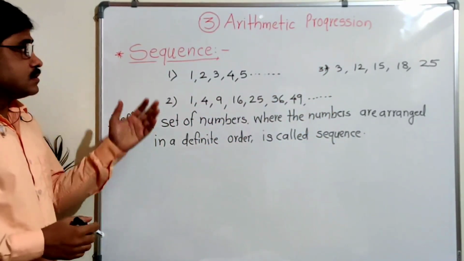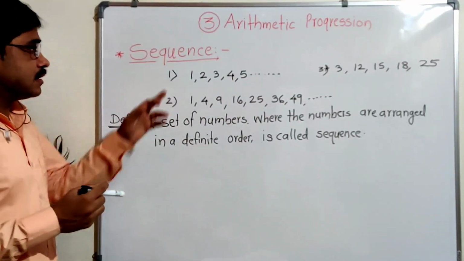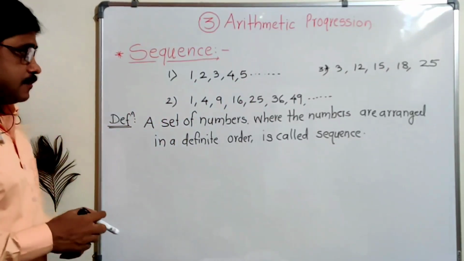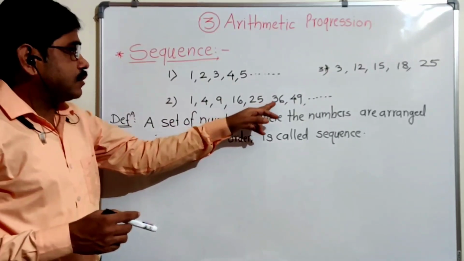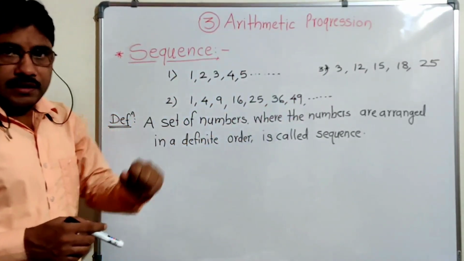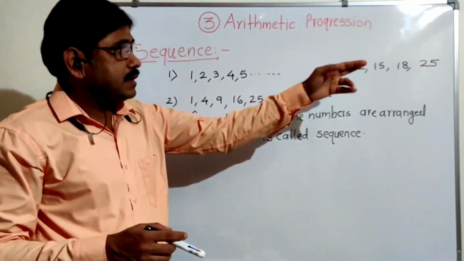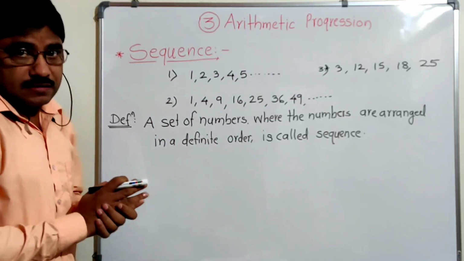Here some series of numbers are given: 1, 2, 3, 4, 5 and so on. Then 1, 4, 9, 16, 25, 36 and 49. And the third one is 3, 12, 15, 18 and 25. So which one is a sequence?